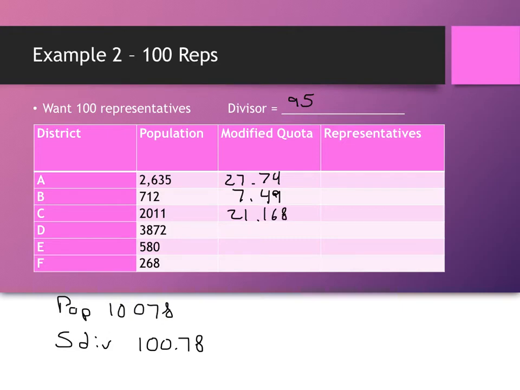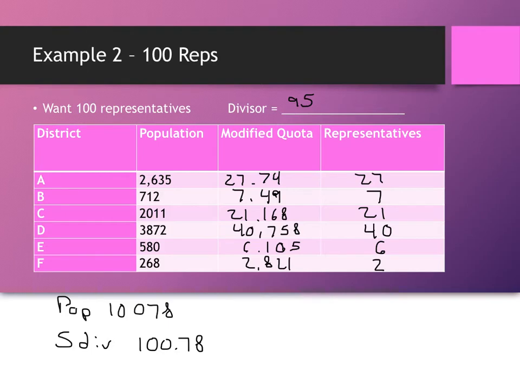21.168, 40.758, 6.105, and 2.821. All right, and so your representatives would be 27, 7, 21, 40, 6, and 2.